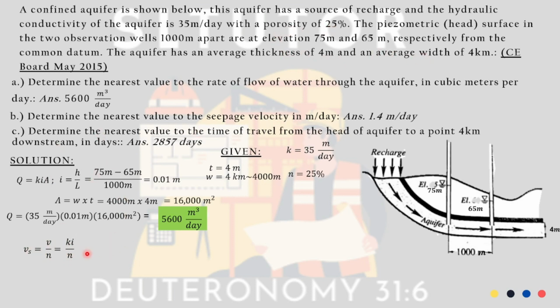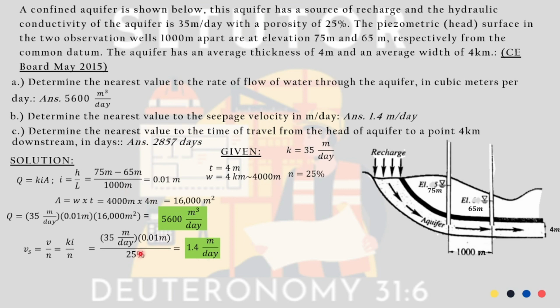Porosity, 25%, K, 35, I, na-solve natin kanina, 0.01. Direct substitution, wala nang makakapigil sa inyo. Final answer, 1.4 meters per day. Naka-meter per day naman yung 35 and naka-meters naman to. Wala naman tong units, so goods tayo dyan.